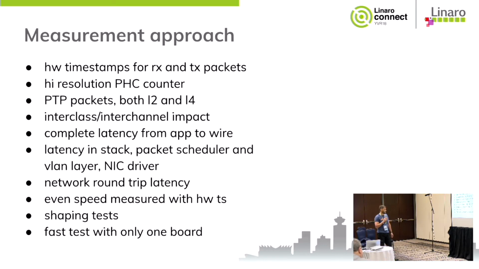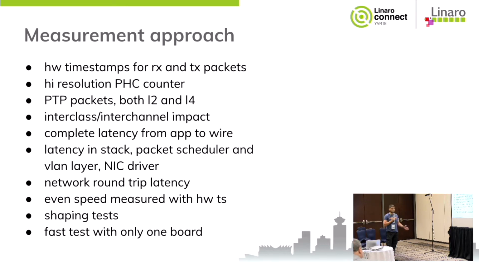Also, we can observe how the shaper works. We can see on the timeline how it puts packets on the line, using those timestamps. And the last thing that we measured with this is the inter-class, inter-channel impact, when we have several channels on the Ethernet card.